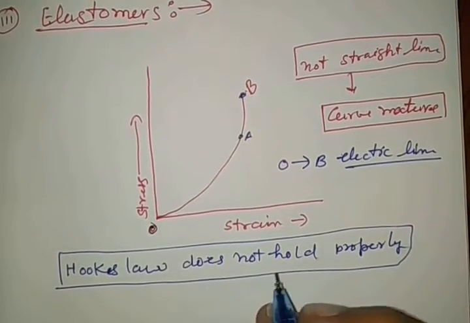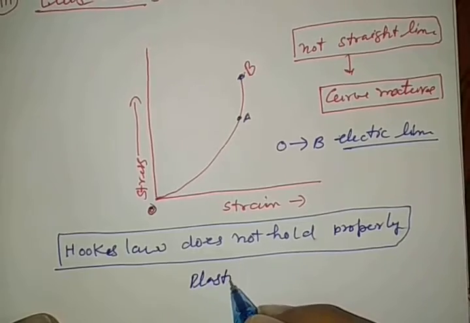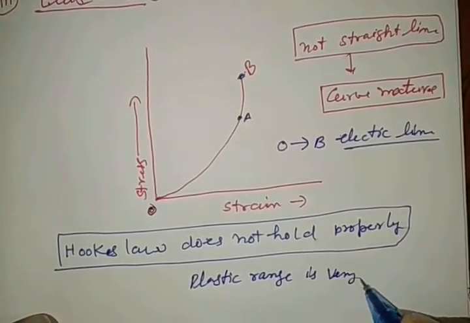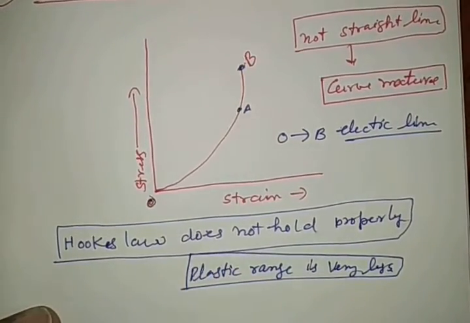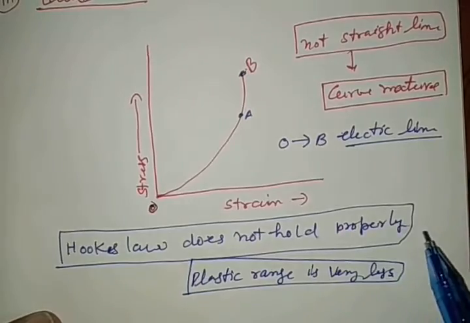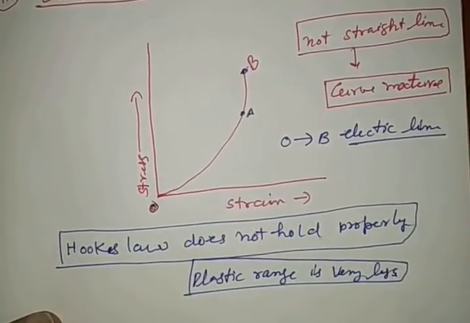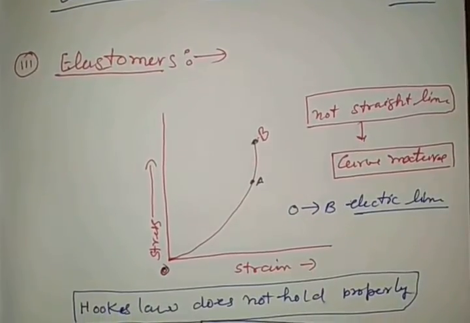The plastic range is very small in this case, right? So such a type of material shows this type of property, no proportionality limit, and comes under the category of the third one, that is the elastomer.